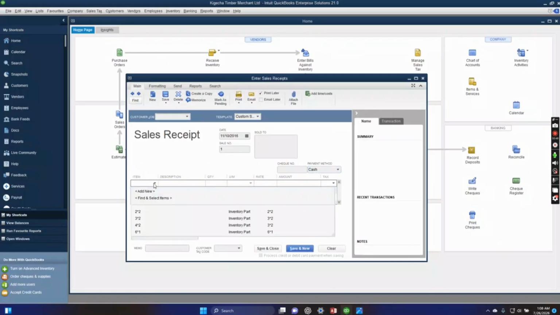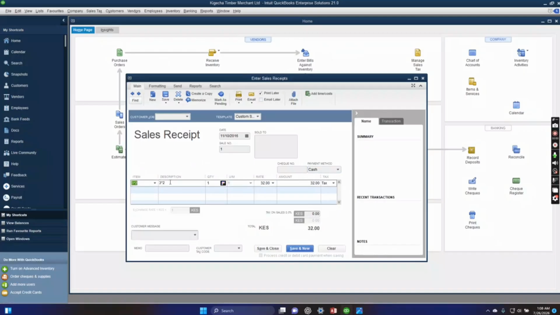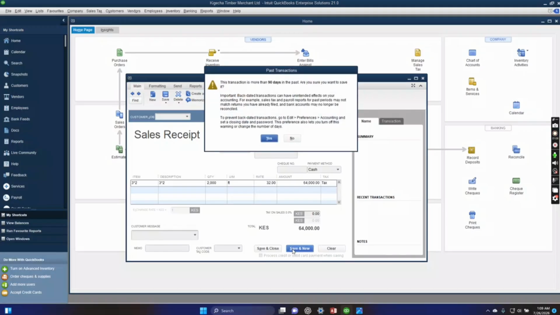So the item here is 3 by 2. The quantity was 2000, and the amount sold was 32. Okay, we save and new.